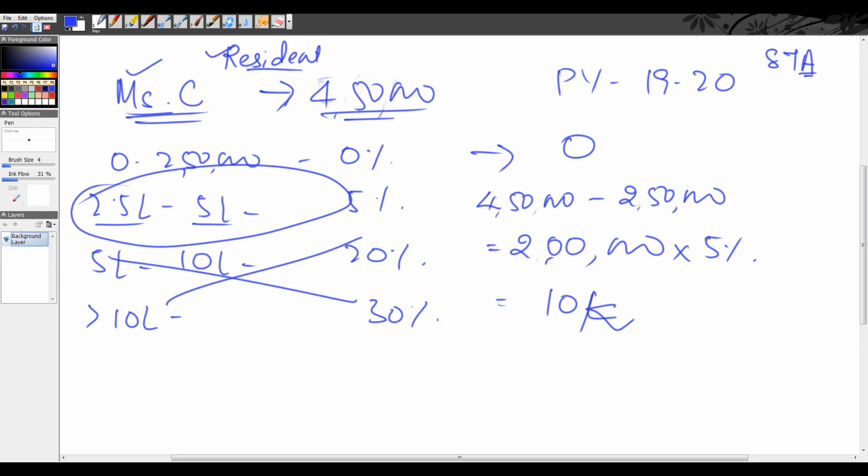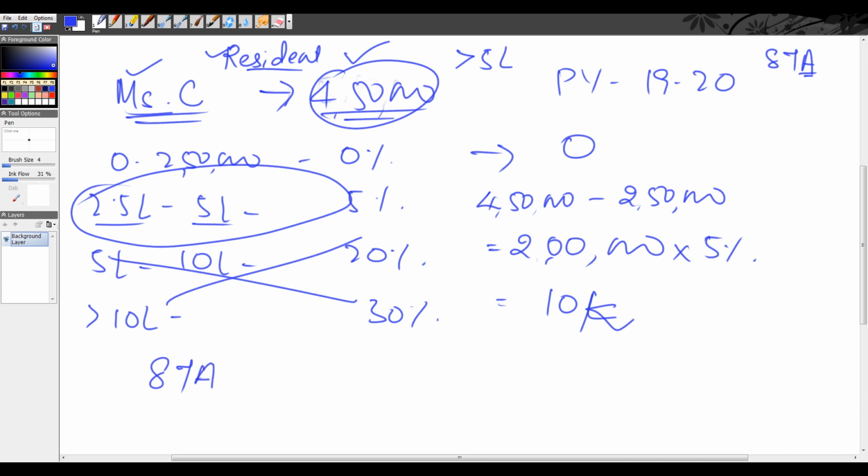The third condition being, the assessee's income should not exceed 5 lakh. In this case, her income is 4,50,000. So therefore, she has also fulfilled the third condition. So since Miss C has fulfilled all the 3 conditions, Miss C is entitled for rebate under section 87A.